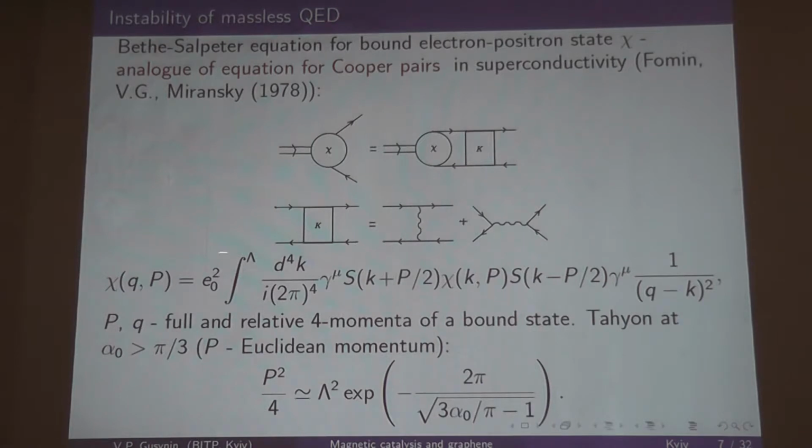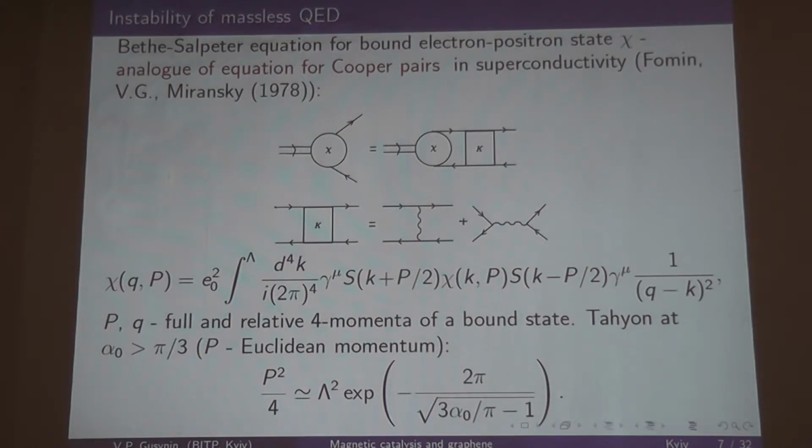This is the Keldysh equation for the wave function, and here the momentum P is Euclidean momentum. So you find the solution for bound states with P squared in Minkowski space, that you have a tachyon, so instability. This is the same situation.